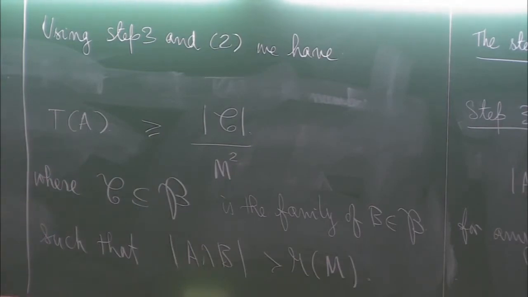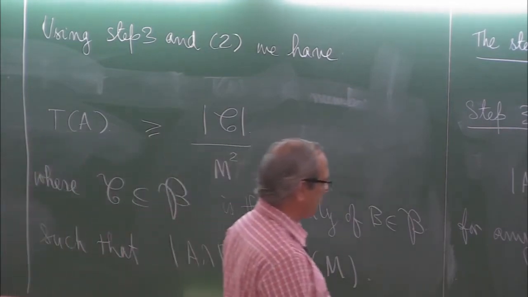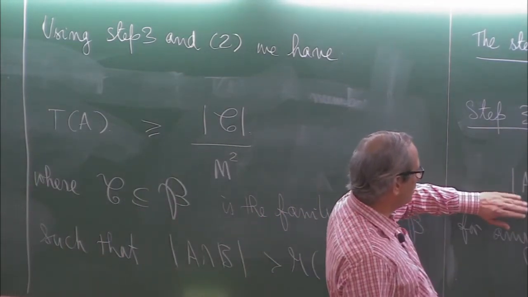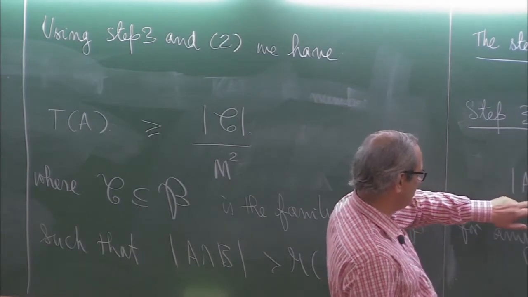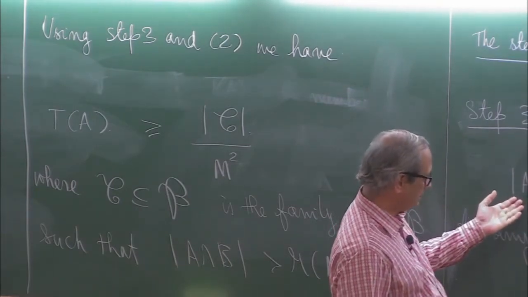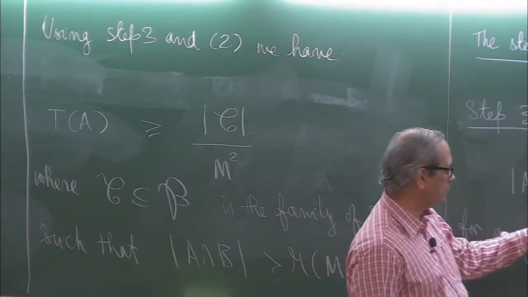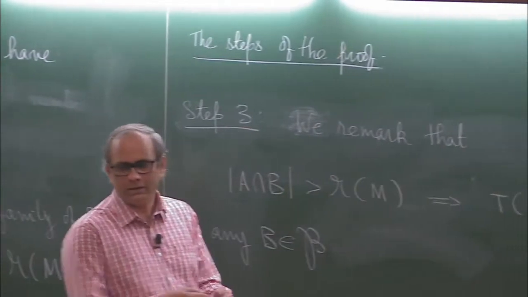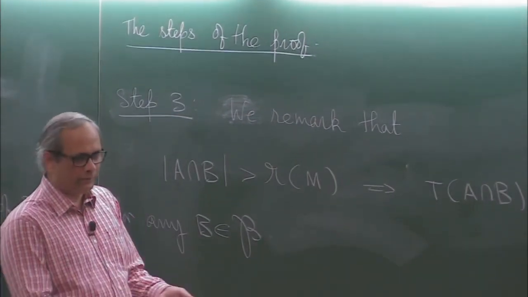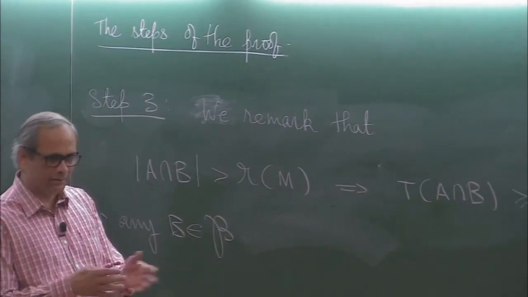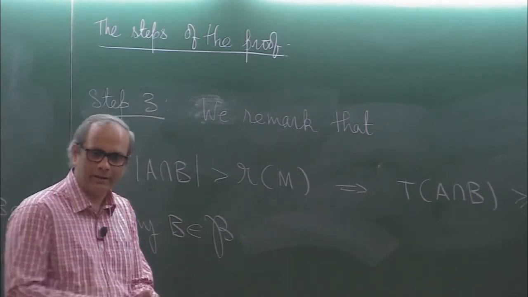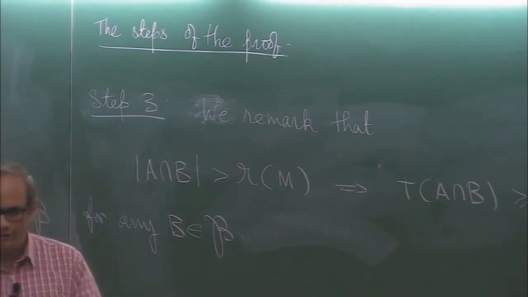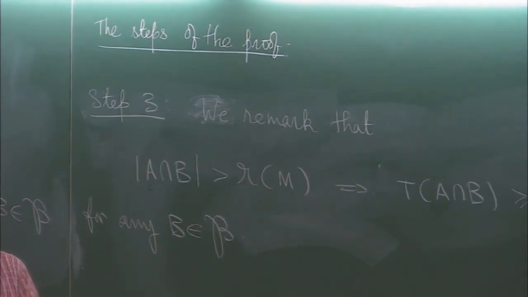So now one has to bound this from below, and for that you use the first moment method, which tells you that if you have a function on a set and you would like to bound from below the cardinality of the set on which the function is big, then you first find the mean of the function and then separate that into two parts where the function is big and the function is small, and then you use the Chebyshev argument to get this.